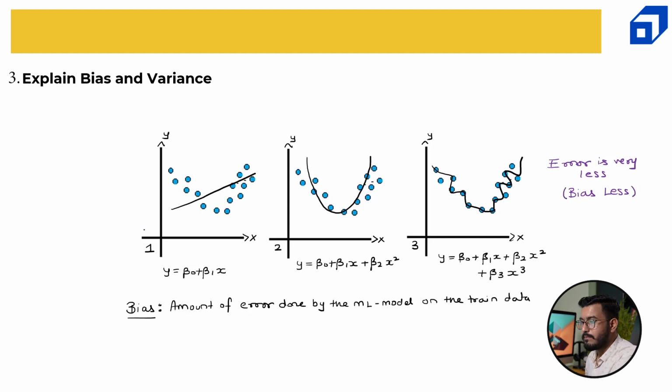If I go to my model number 2, here you can see that all the data points are very far away from the model. So if we try to look into the values of actual and the predicted, you will find out that there is a huge gap between these two values. So here in my model number 1, the total error would be very high. So here bias is high.